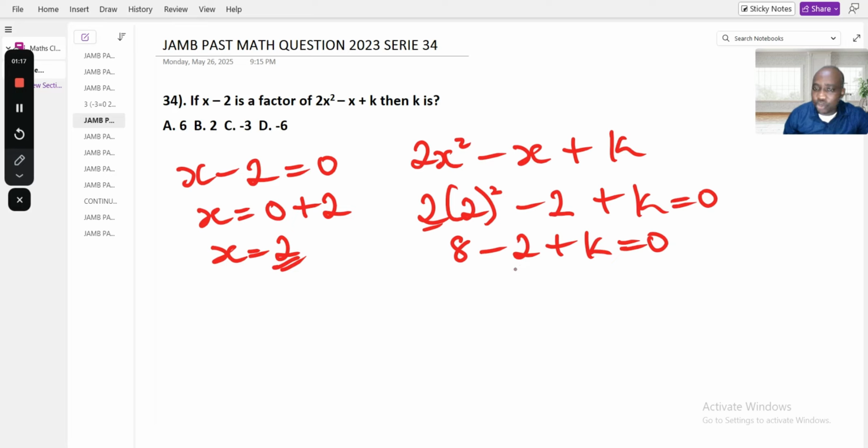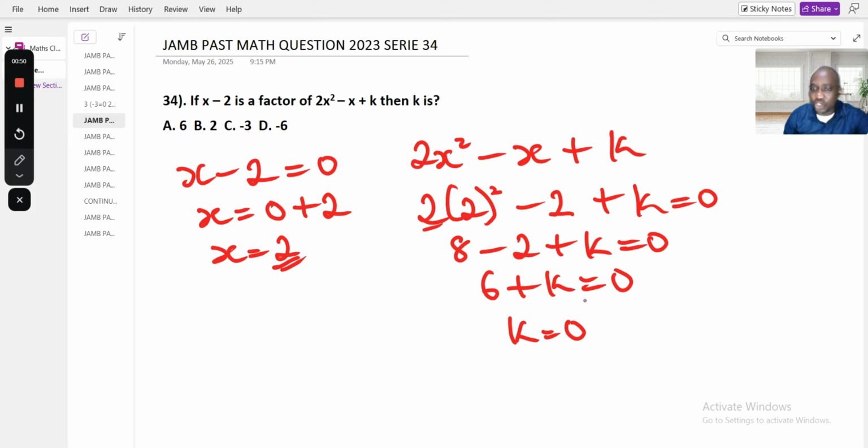8 minus 2 is going to give us 6. 6 plus k equals 0. Now, let's move this 6 to where? To collect like terms. k will stand alone, while 6 and 0 look alike, they will stay one side. k is going to be 0. When there's nothing behind the 6 at the left side, it means that there's an invisible plus.